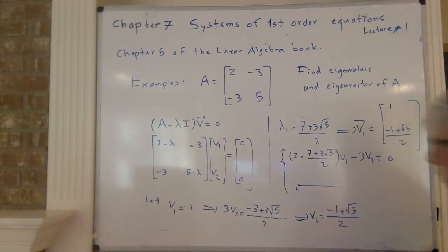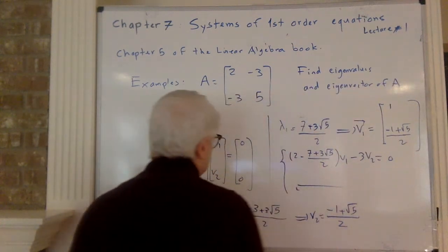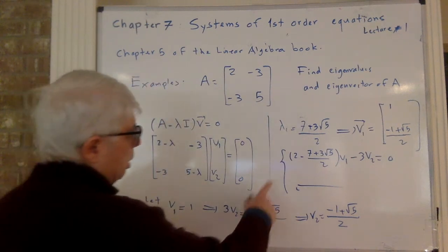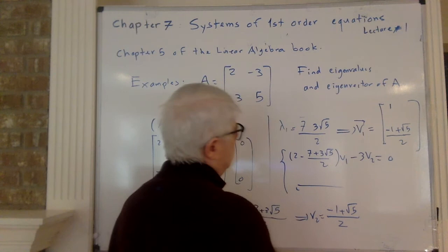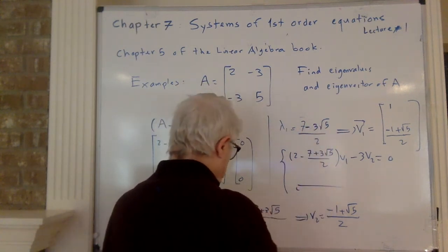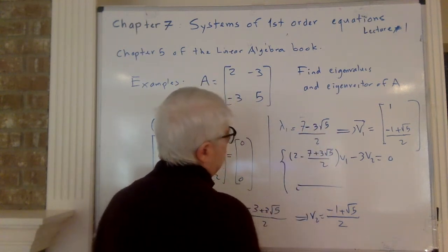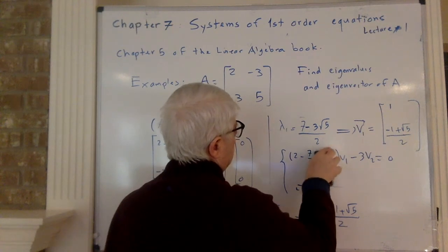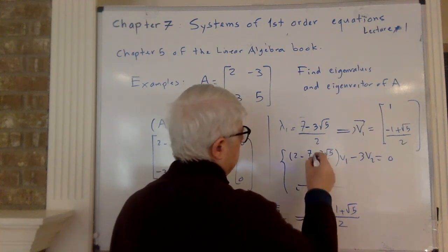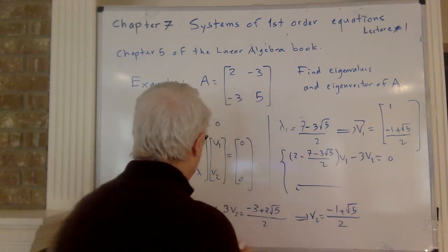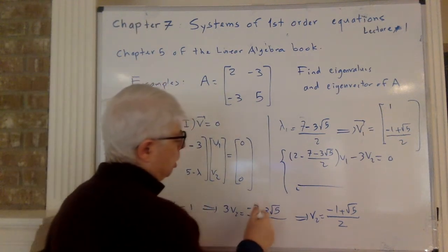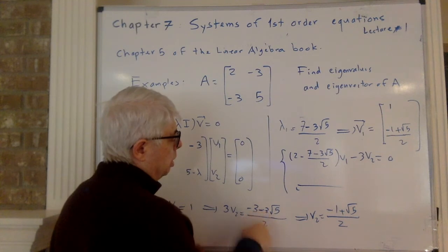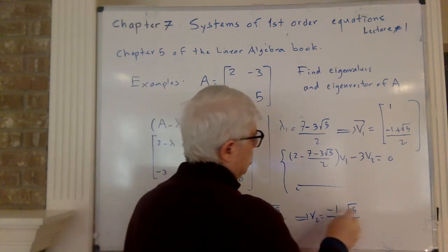Okay, let's find the other eigenvector. The other one is 3 minus 7 minus 3. And we can guess what happens. So let me try. There's a minus 3 here, right? And I do the same thing. v1 is 1, v2 will be minus 3 here. And in the end, I have minus.